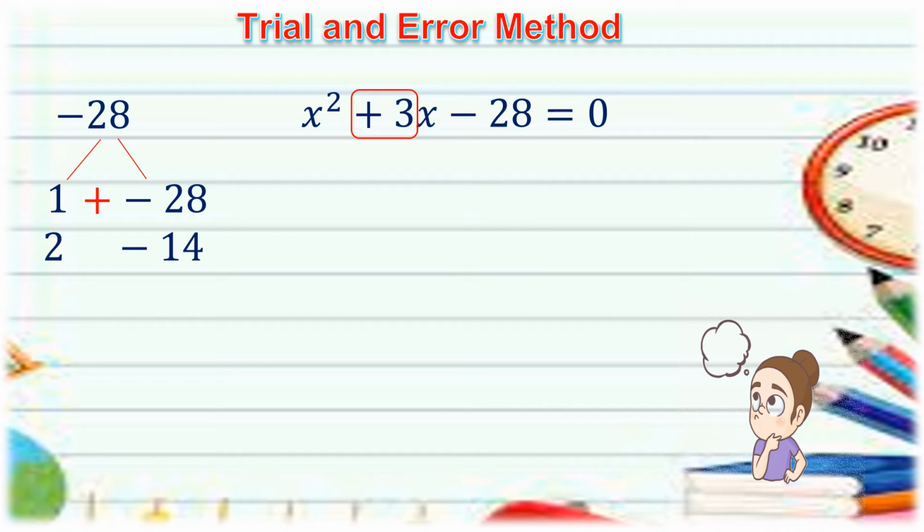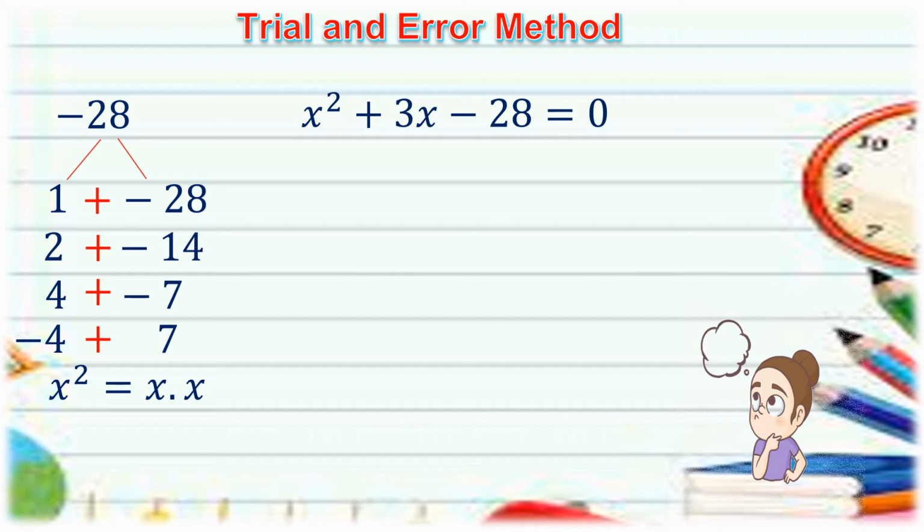No. So let us try another one. 2 times negative 14, or 2 plus negative 14, is it equal to positive 3? No. Let us try another one. How about this one? 4 plus negative 7? No. It is negative 3. So negative 4 plus 7? Yes. So we are getting negative 4 and 7 as the factors of negative 28.